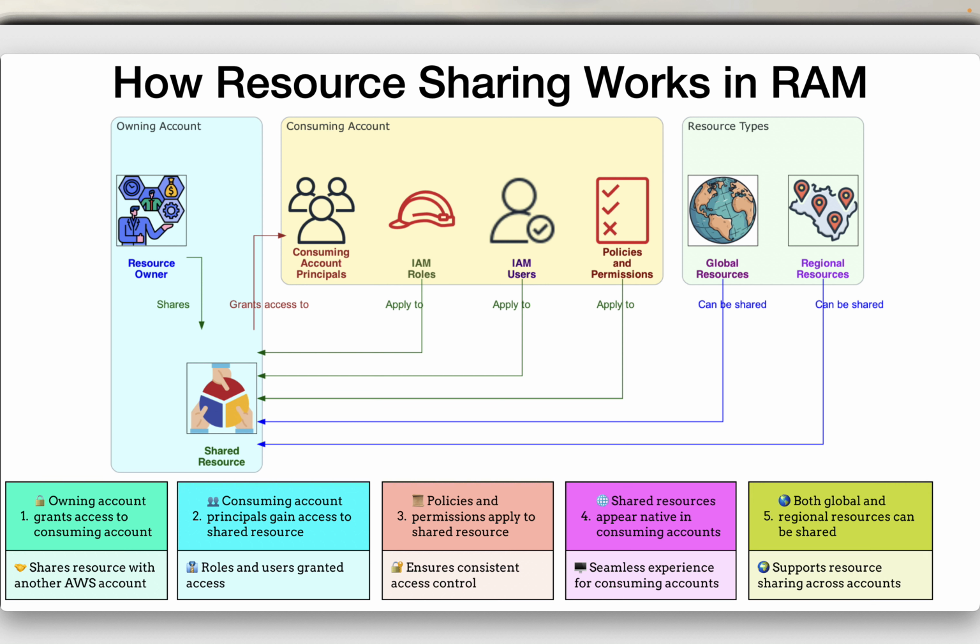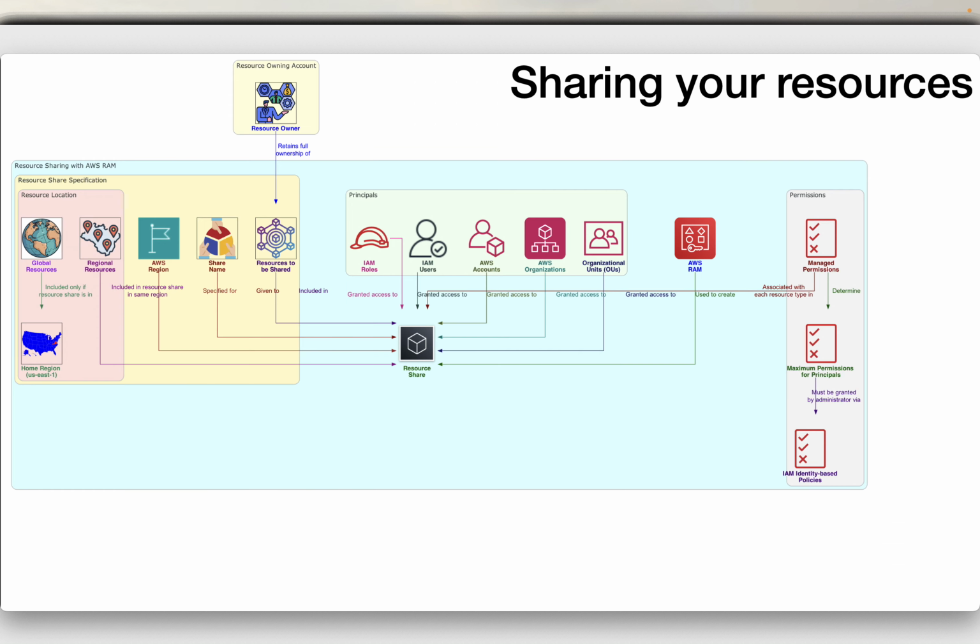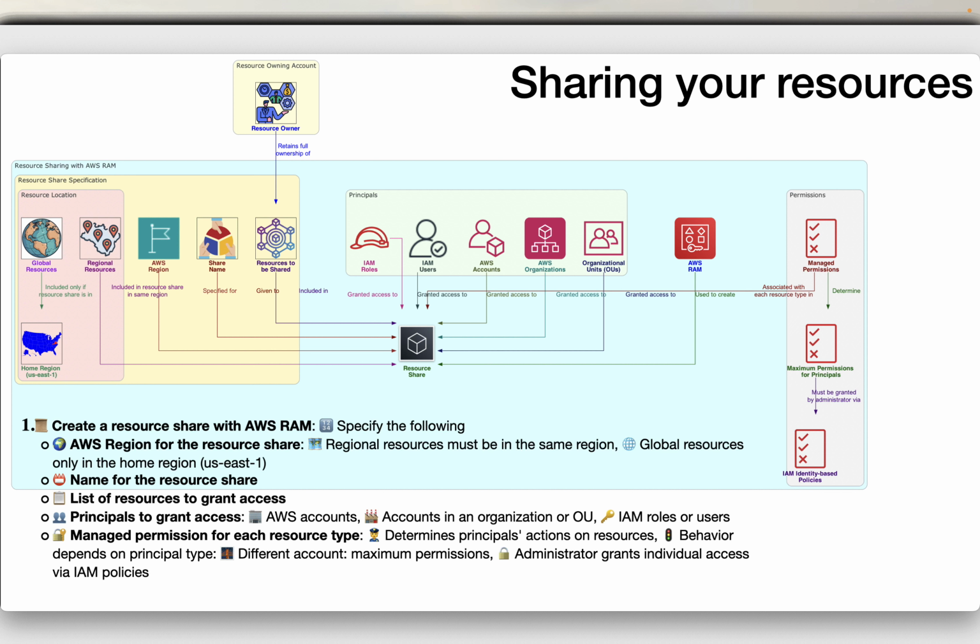AWS allows you to share both global resources and regional resources across accounts using the resource sharing mechanism. Okay, sharing your resources. So we'll see the procedure. With AWS RAM, you share resources that you own by creating a resource share. So there is an object called resource share, and to create a resource share, you specify the following: the AWS region in which you want to create the resource share.